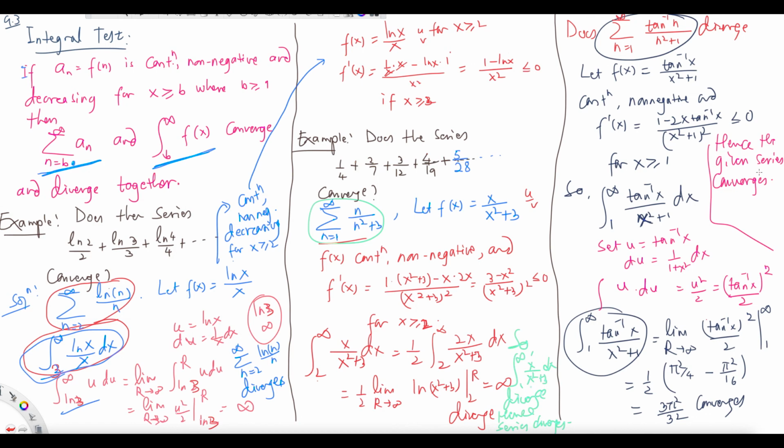Sometimes though, when you find the derivative, it is less than 0 only after certain values of x. At that time you find the integral after that term, show that the integral converges or diverges, and then add the one more term. Because if the integral converges, adding one finite term does not change convergence. If the integral diverges, then adding one more finite term does not change the divergence. Okay, so it still holds after you add one more term.